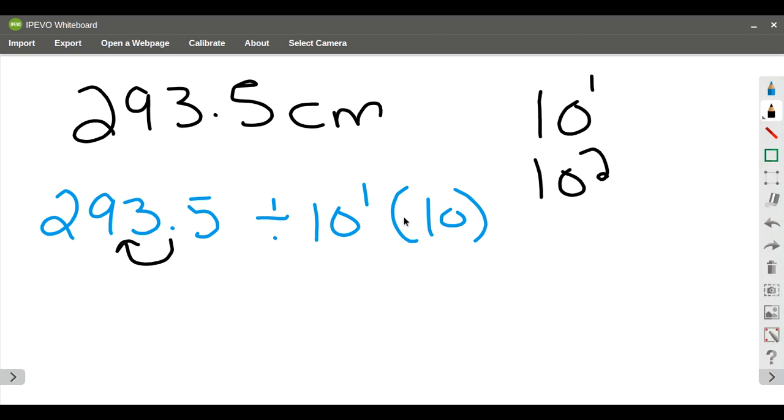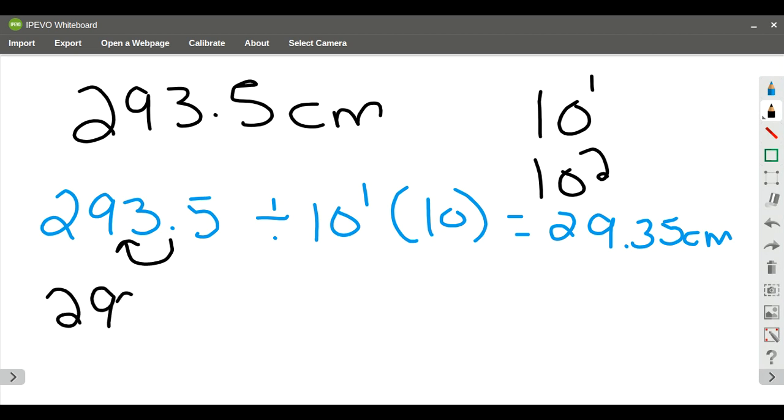Because I'm dividing by 10, my value is going to be smaller. So my new answer, if I move it one place to the left, is going to be 29.35 centimeters.